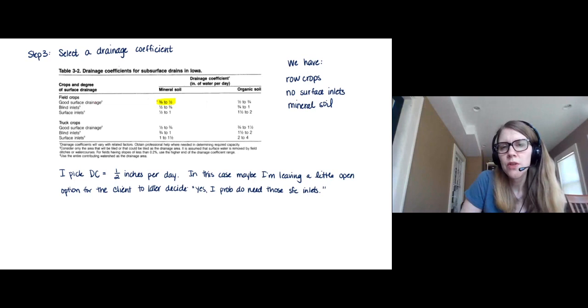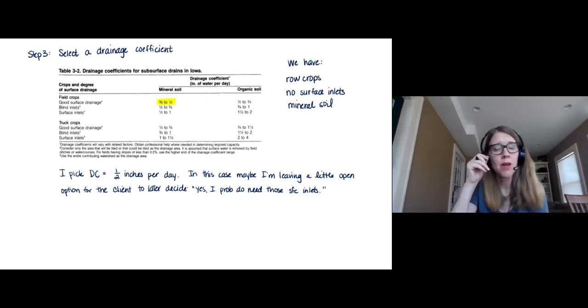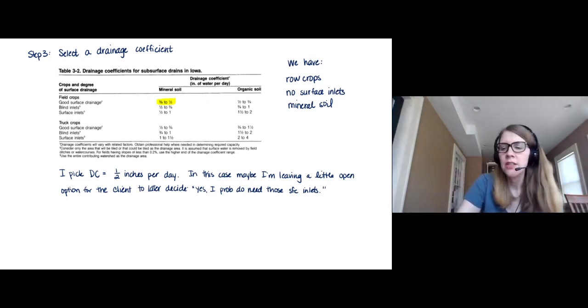And it's a mineral soil as compared to an organic soil, which would be like a peat kind of soil. So I would be looking at a drainage coefficient of 3/8 to 1/2 inch per day. I'm going to choose, just in this example, the large end of that range. That allows a little bit more capacity for maybe adding some surface drainage later if we decide that we need it.